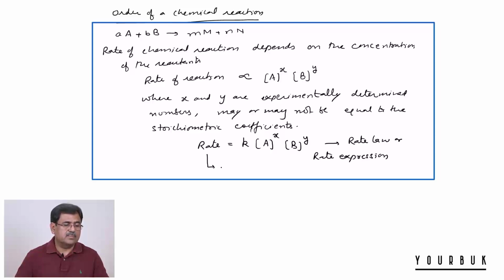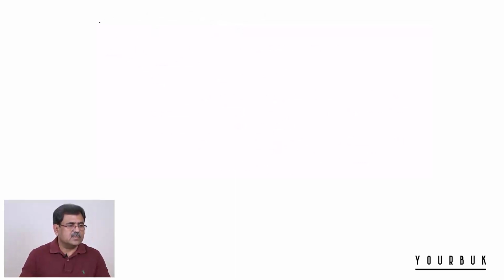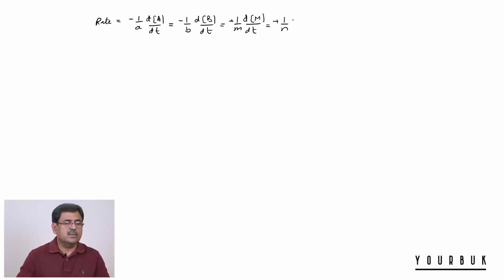And this rate can be any rate. It can be the instantaneous rate of disappearance of A, the instantaneous rate of disappearance of B, the instantaneous rate of formation of M, or the instantaneous rate of formation of N. So we can also write the rate law as rate is equal to minus 1 by a dA by dt is equal to minus 1 by b dB by dt is equal to plus 1 by m dM by dt is equal to plus 1 by n dN by dt is equal to K into A raised to power x and B raised to power y.